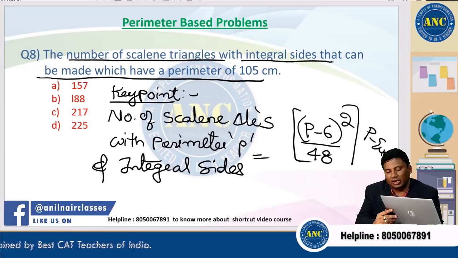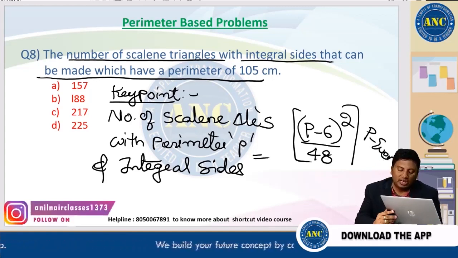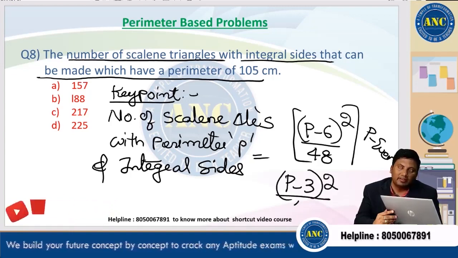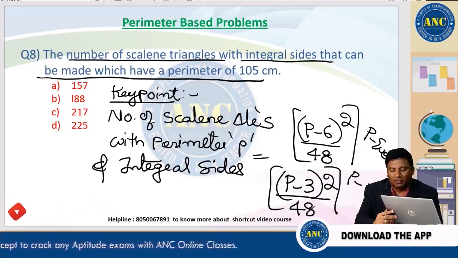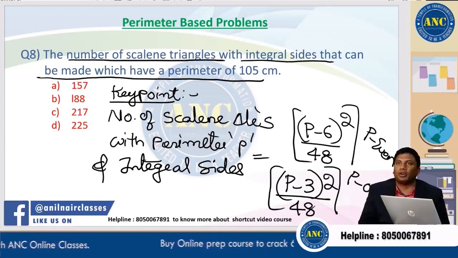This is when P is even. When P is an odd number, add 3 to it: P minus 6 plus 3 is P minus 3, so (P minus 3) whole square divided by 48, nearest integer function. Please make a note of it.